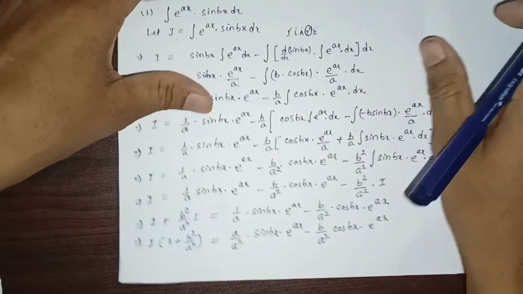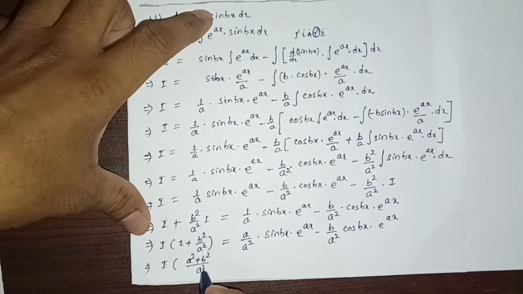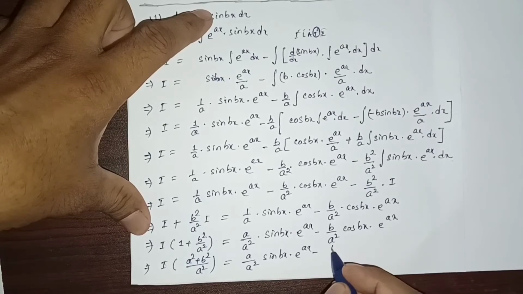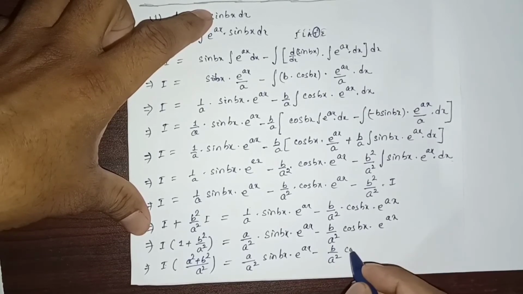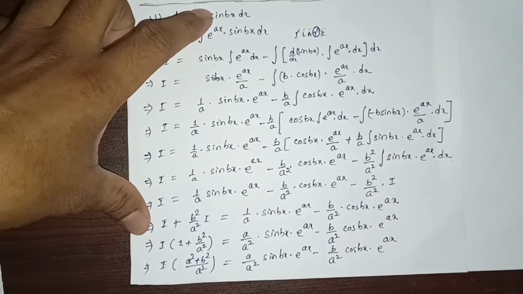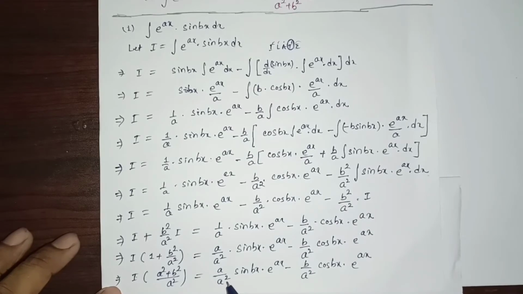Okay, so we found that I into a square plus b square by a square equals whatever is written into e to the power ax minus b by a square cos bx into e to the power ax. Now you can see that this a square will be cancelled out.